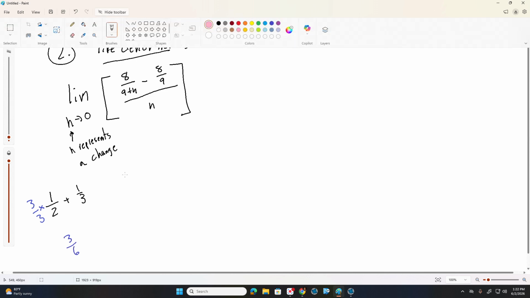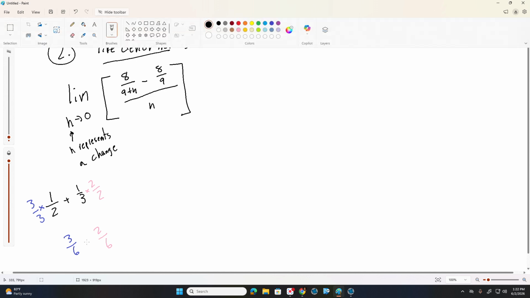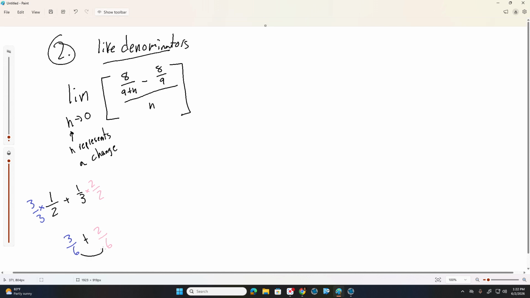I can multiply the second term by 2 over 2. Reminder, I'm just multiplying by 1. I can get 2/6. And once you have the like denominator, the 6 on the bottom equals the 6 on the bottom, we can directly add the top, and we can combine our fractions as 2 plus 3 equaling 5. We want to do the same thing here, but the question is, what is our like denominator?